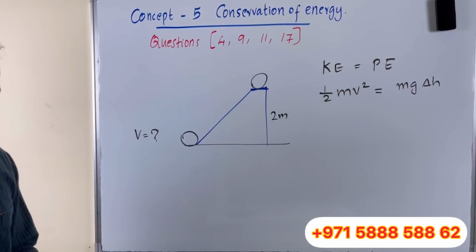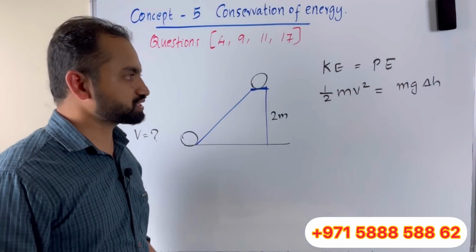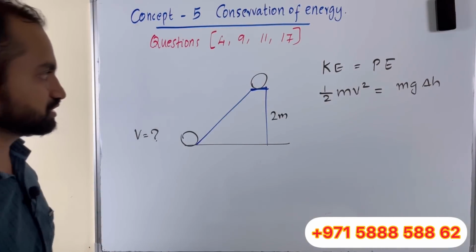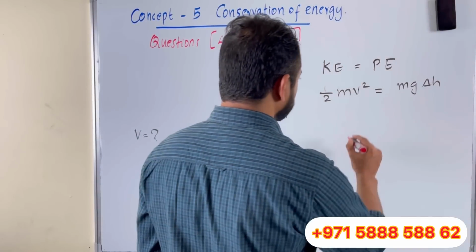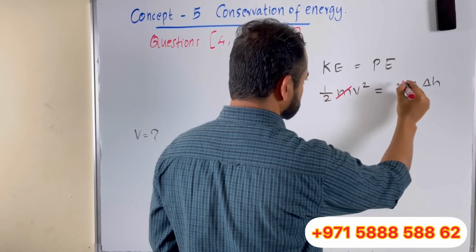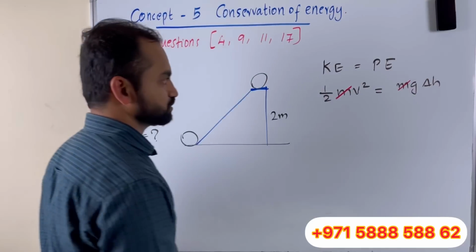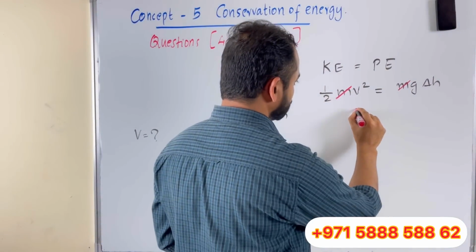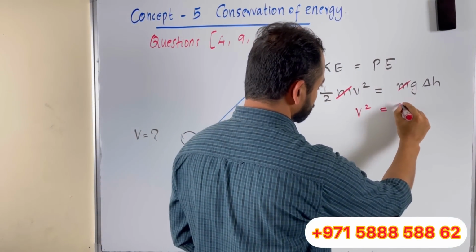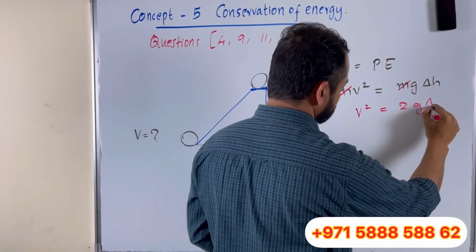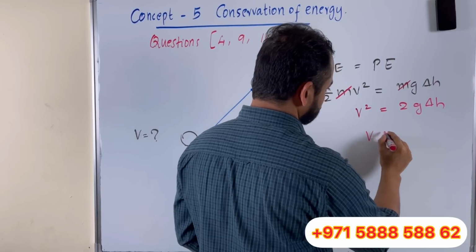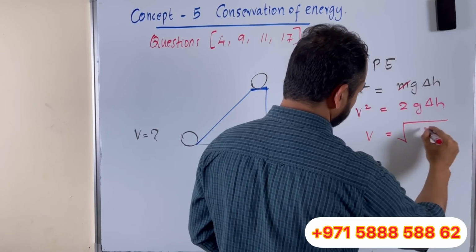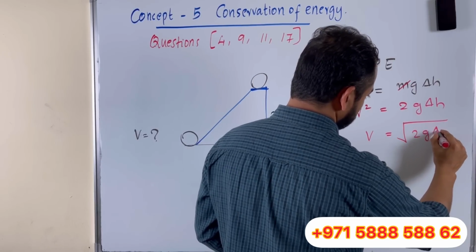That is the equation for the potential energy, where m is the mass, g is the value of the gravitational field, and delta h is the difference in height. In this equation we cancel m from both sides, and we have v squared equal to 2 g delta h, so v is equal to the square root of 2g delta h.